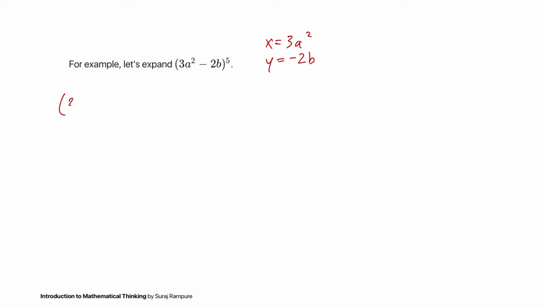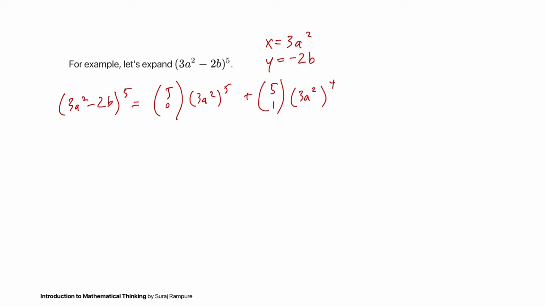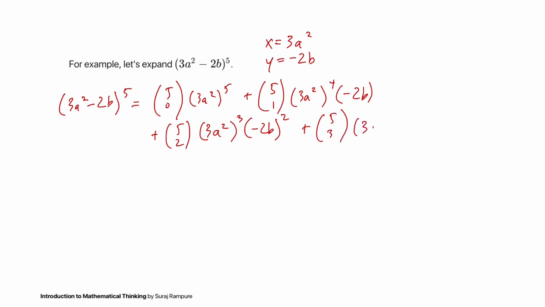So this expansion would look something like 5 choose 0, 3a squared to the 5, plus 5 choose 1, 3a squared to the 4 times negative 2b, plus 5 choose 2, 3a squared to the 3, negative 2b squared, 5 choose 3, and so on and so forth, right?